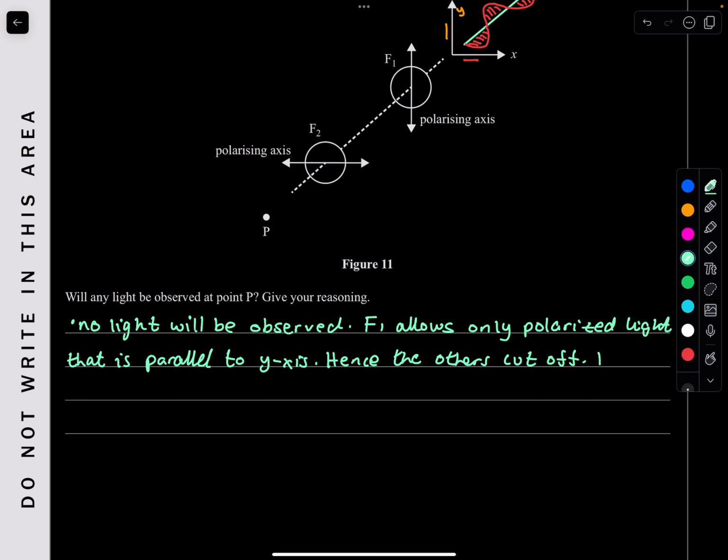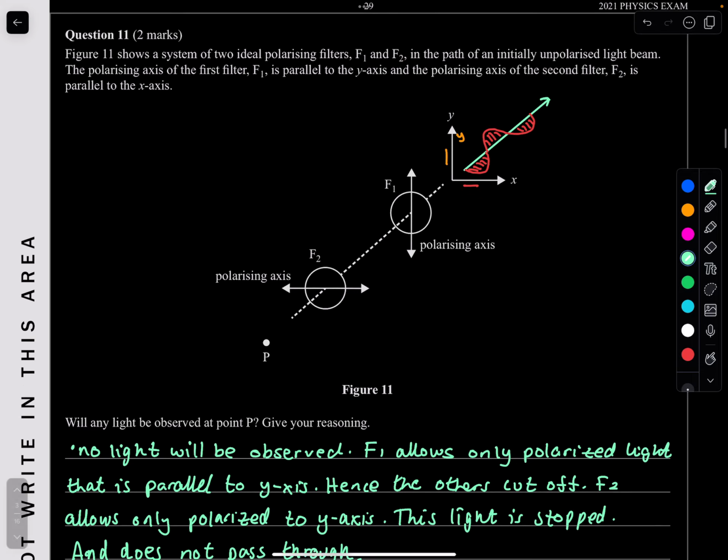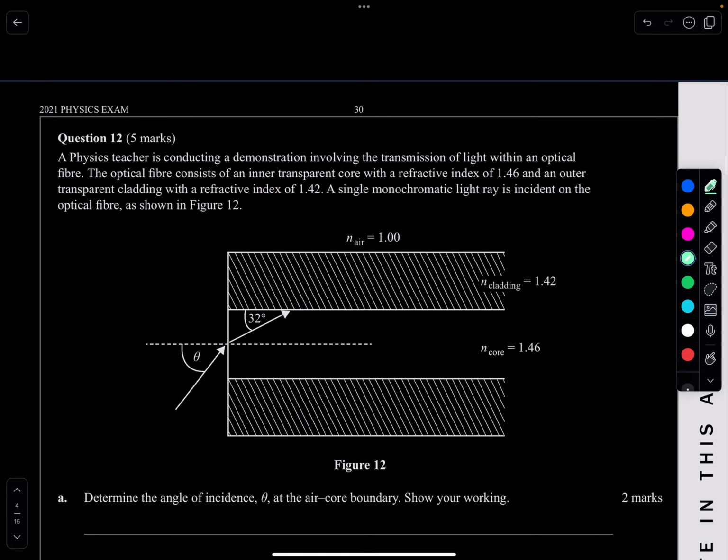F2 allows only light polarized parallel to the x-axis. This light is stopped and does not pass through. And that is it. Beautiful. That should give you those 2 marks.